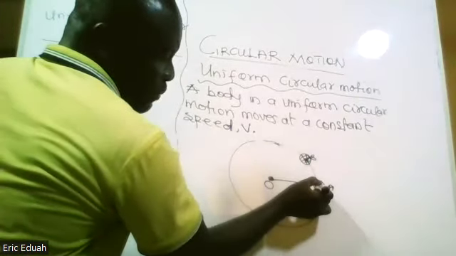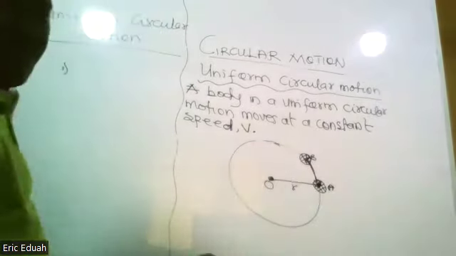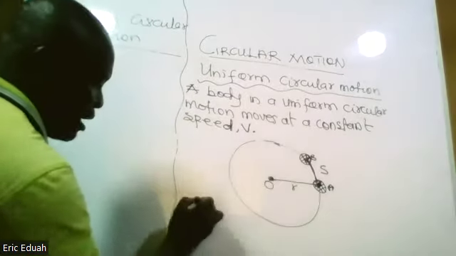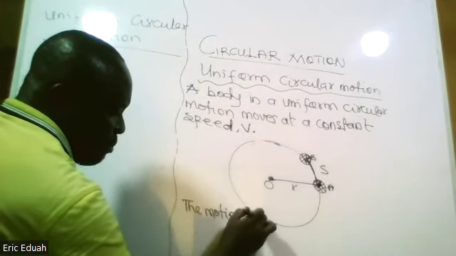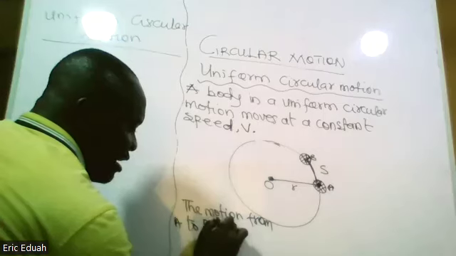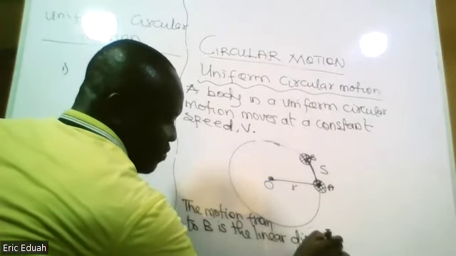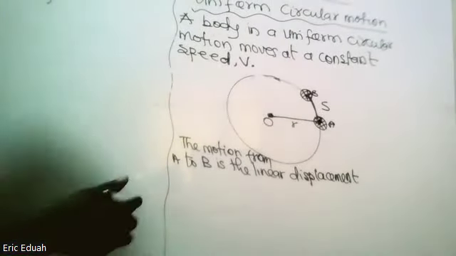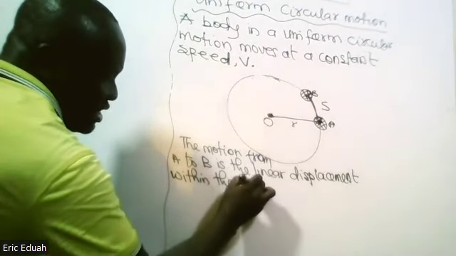This distance from the initial position A to the position B within the circle, we are referring to as the linear displacement S. So the motion from A to B is the linear displacement within the circle or within the circumference.